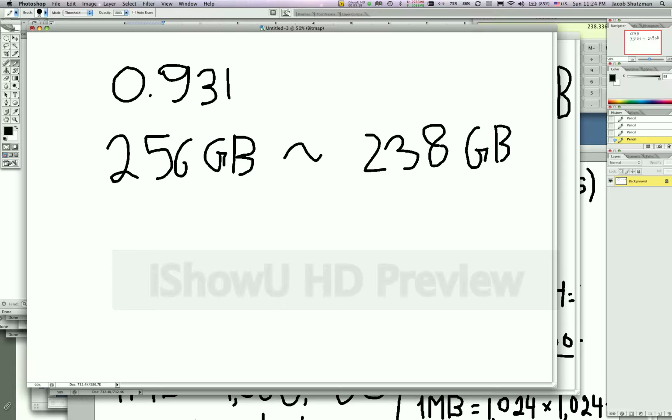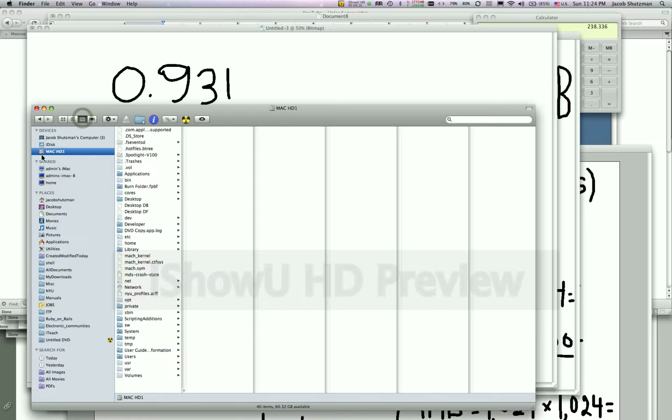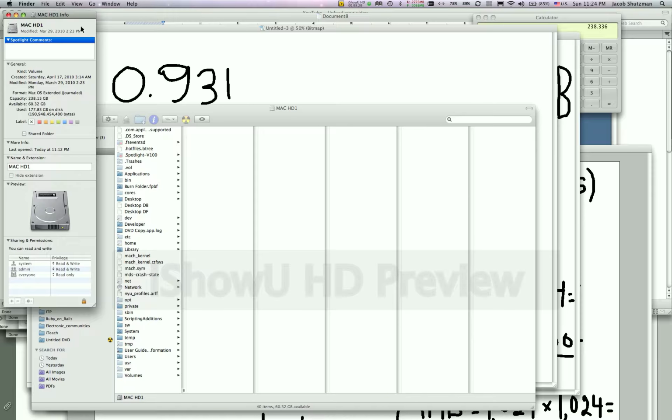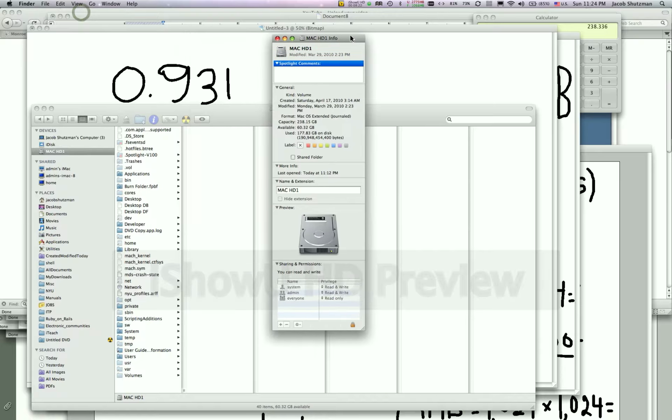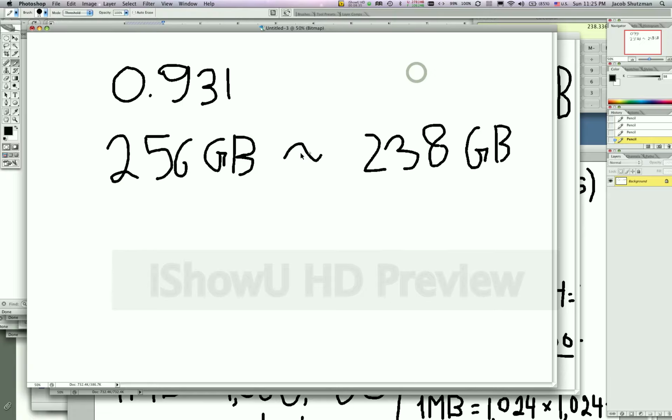Now let's see if this is correct. Let me look at the information of my hard drive. I do get info, and I don't know if you can see it, it's pretty small, but it says capacity is 238.15 gigabytes. So approximately what we calculated, 256 gigabytes as per the manufacturer.